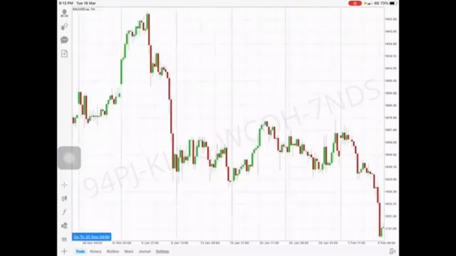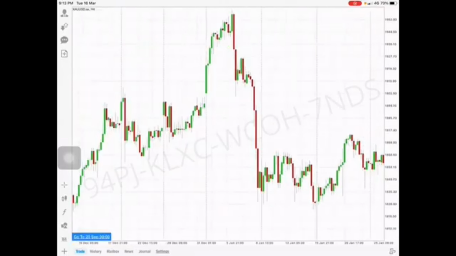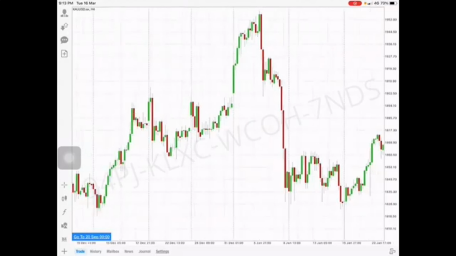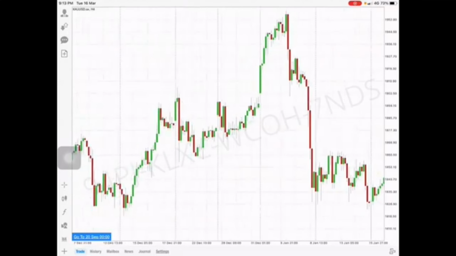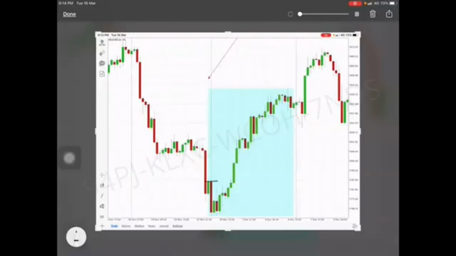Remember, if it wants to go up, what does it need to do first? Where does it need to go first? Down. Yes, so it's going to go down to the low first.